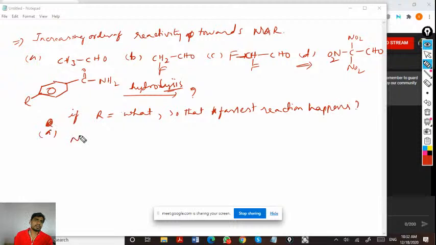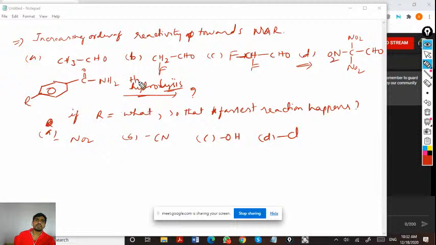Option A, NO2. Option B, CN. Option C, OH. Option D, Cl. So again, hydrolysis is the one where nucleophilic addition reaction is going to happen.